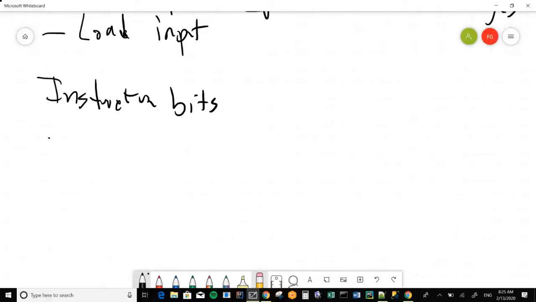First and foremost, instruction bits often got directly tied to load bits on an element where the state changes. Depending on what that instruction bit was, it determined whether we were changing the head register that was tracking the read-write head, the program counter, what have you. So that was one very important role of an instruction bit.